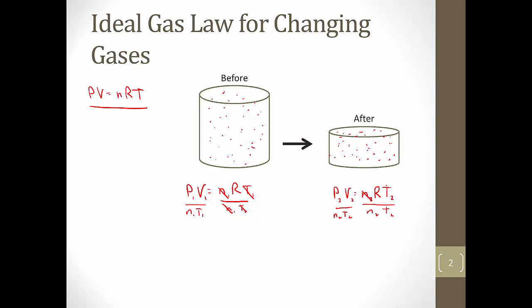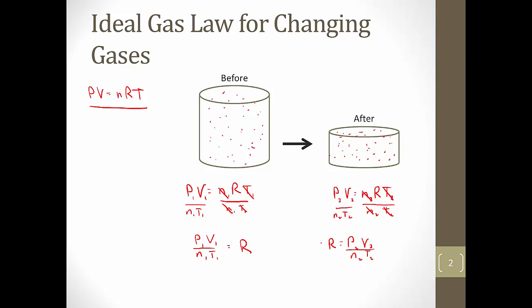The same way with N2 and T2, they cancel each other. We're left with P1 V1 over N1 T1 is equal to R. And on this side, I'm just going to flip it around: R is equal to P2 V2 over N2 T2.